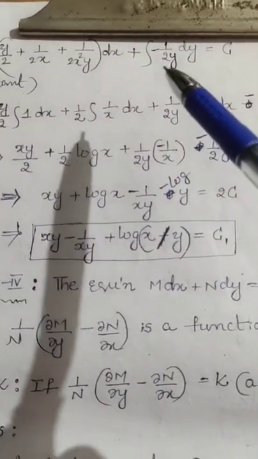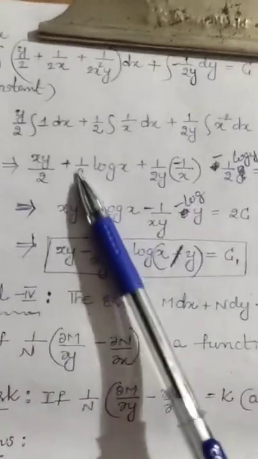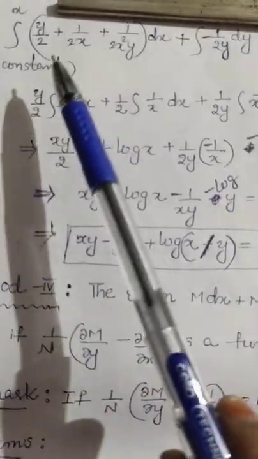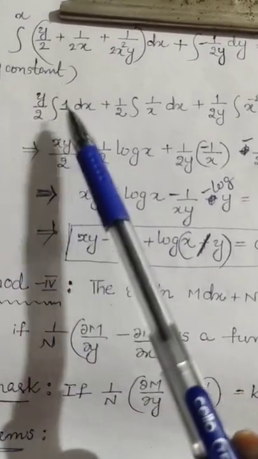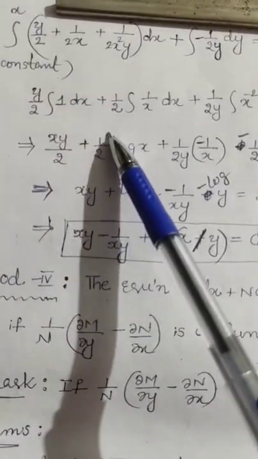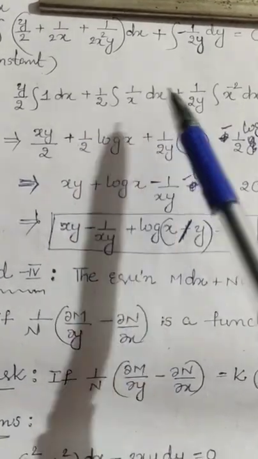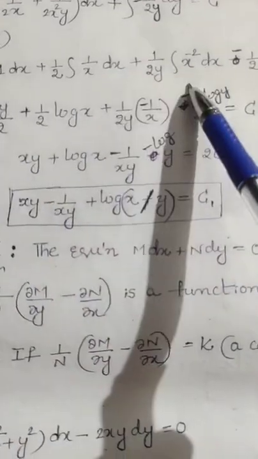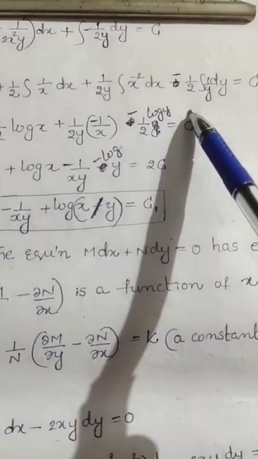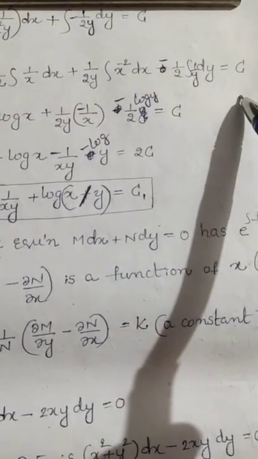That is the integration of minus 1/(2y) into dy equal to c. Here we are taking y as constant. So y/2 is constant times the integral of 1 dx, plus taking 1/2 as common the integral of 1/x dx, plus 1/(2y) constant times the integral of x to the power minus 2 dx, minus 1/2 constant times the integral of 1/y dy, equal to c.